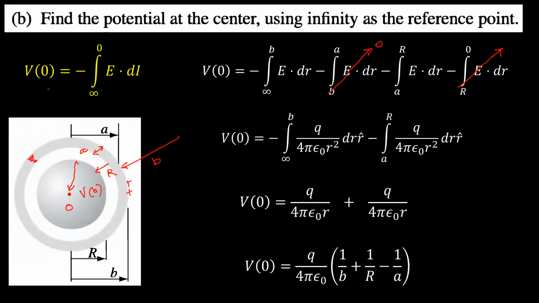This is having positive charge, and inner is negative charge, and this surface is positive charge. So this positive charge induces the negative charge, and this negative charge induces the positive charge. The net charge inside this concentric shell is naturally 0. So we have applied all the conditions.